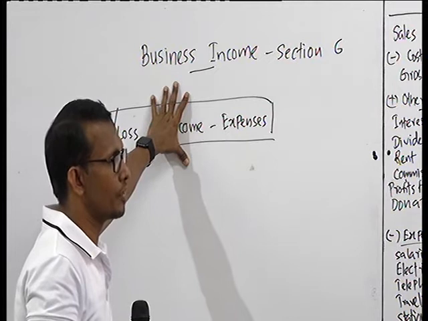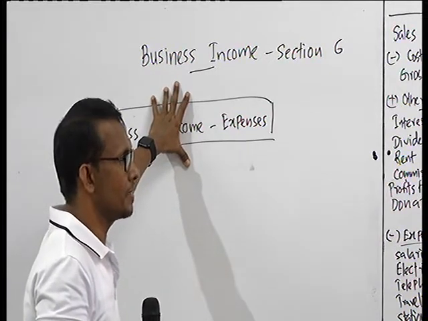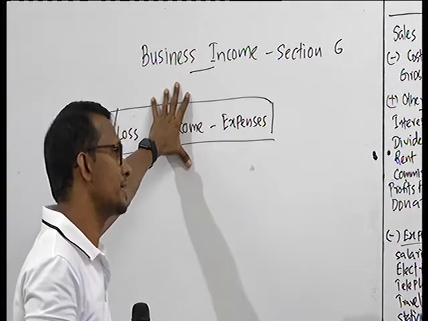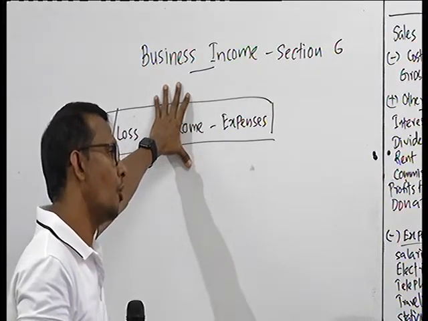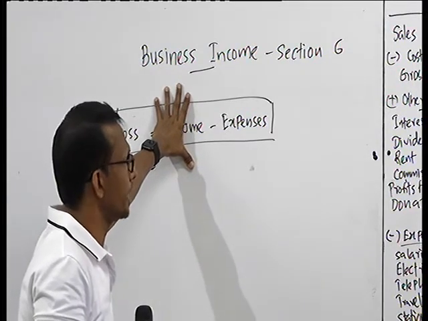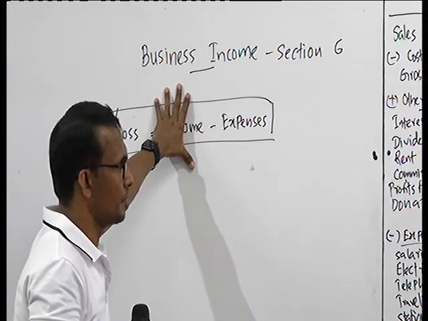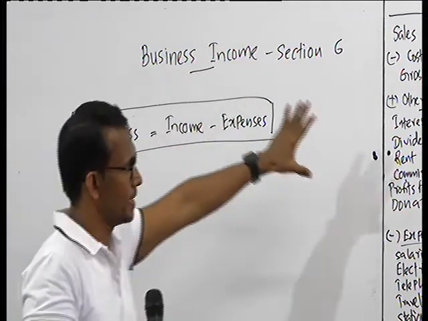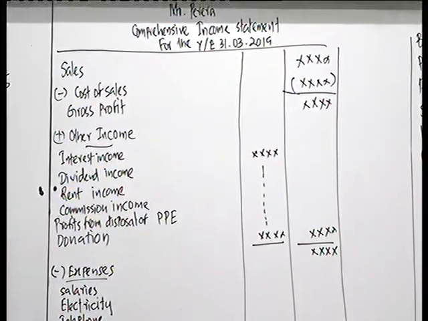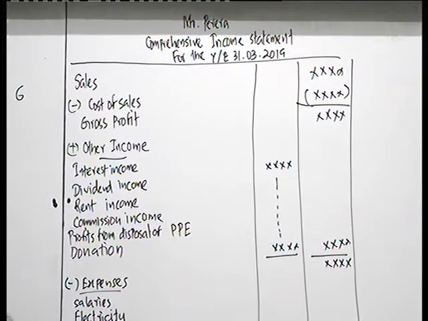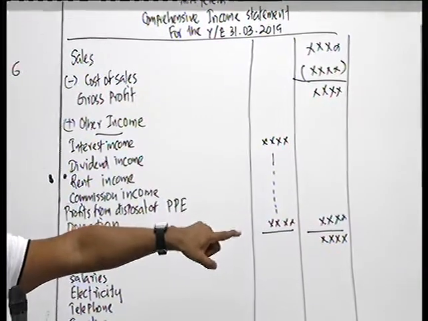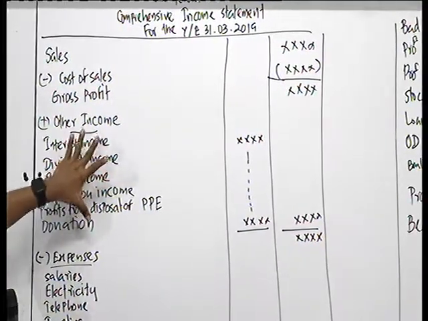It cannot have any other receipts which are not part of the business, and you cannot deduct any expenditure which you have not incurred to generate that particular business income. So it is very vital when you look at this accounting profit or loss, because that bottom line reflects this other income as well.